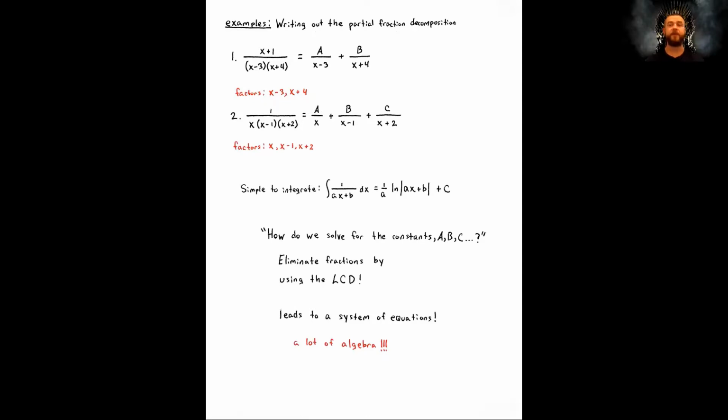Part 1 being distinct linear factors. The algebra really starts to increase in the second, third, and fourth parts. So right now think of this as the calm before the storm. All right, let's get to example 1.